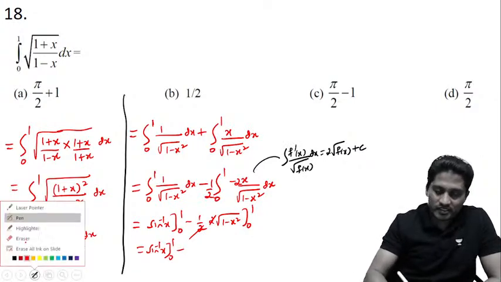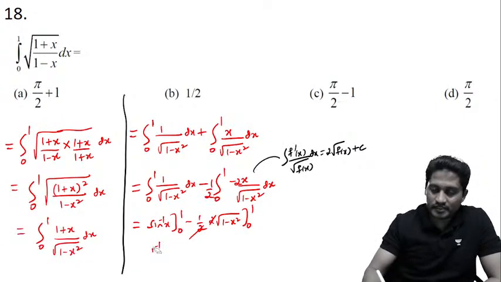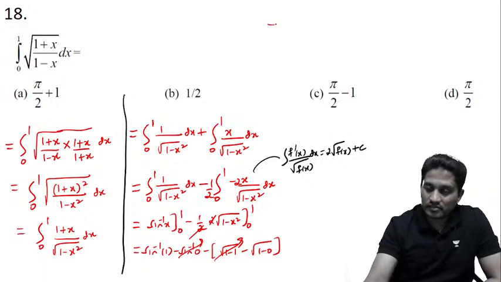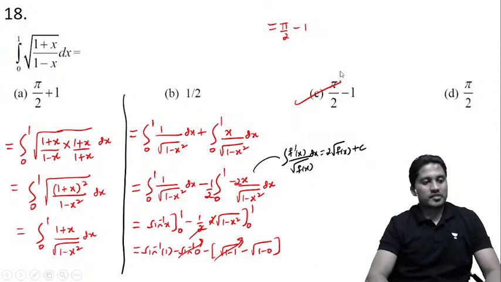Okay, now if I directly substitute upper limit minus lower limit, upper limit gives sine inverse of 1, lower limit is sine inverse of 0. Again, upper limit is root of 1 minus 1, lower limit is root of 1 minus 0. This fellow will be 0. Sine inverse of 0 is 0. Sine inverse of 1 is pi by 2. And root 1 is 1. So you get pi by 2 minus 1. Answer is option C.